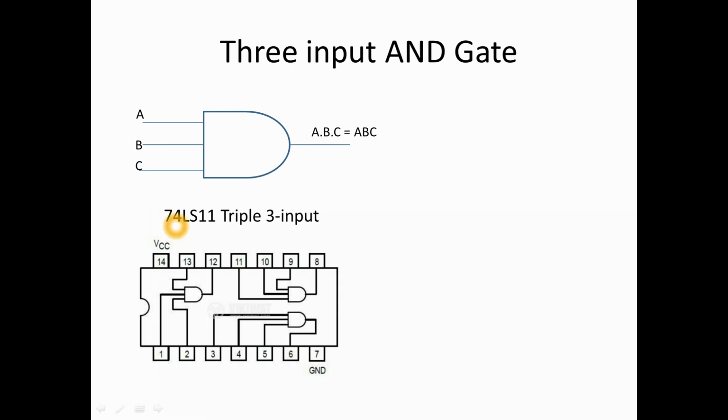The 74 indicates the TTL logic family low power Schottky, and 11 indicates the 3 input AND gate. It consists of three 3 input AND gates, and it is a 14 pin IC.